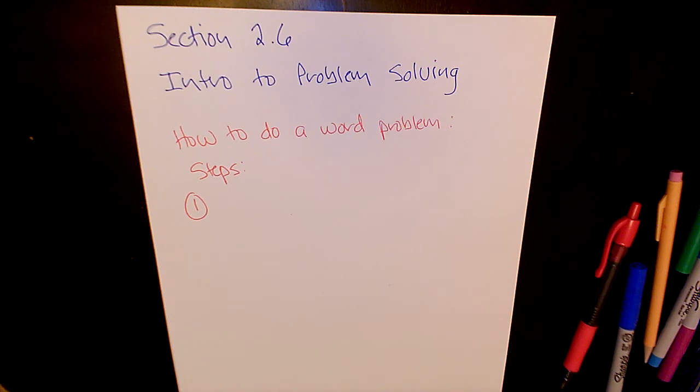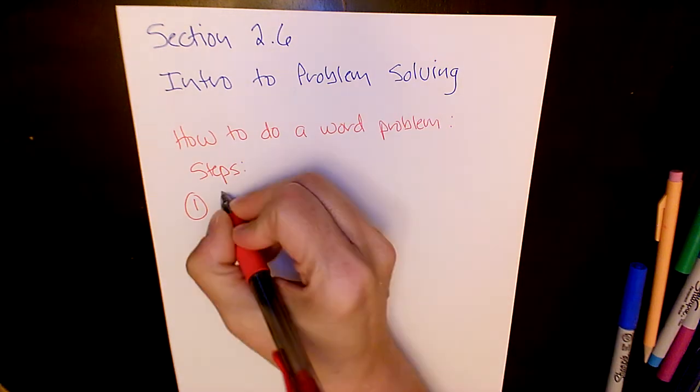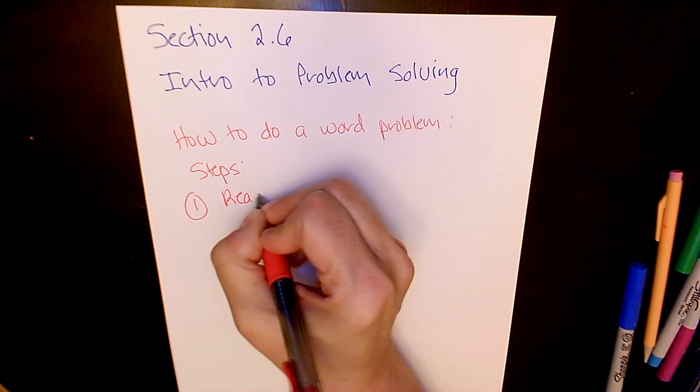But before I go to the handout, I want to go over some steps on how to do a word problem. What you want to do first, and I'm going to write these out for you, is read the problem and make sure you understand it.